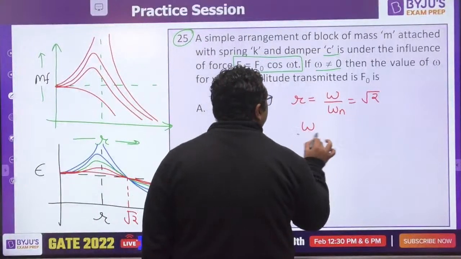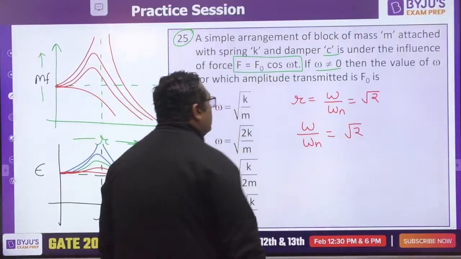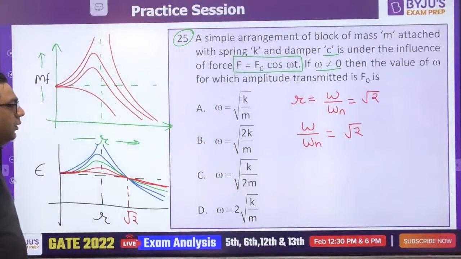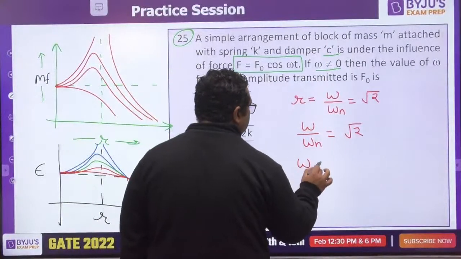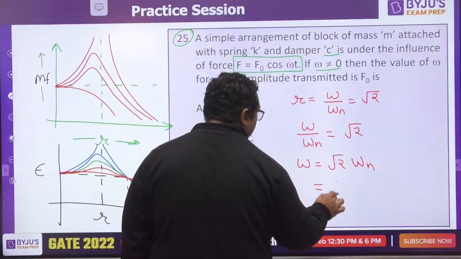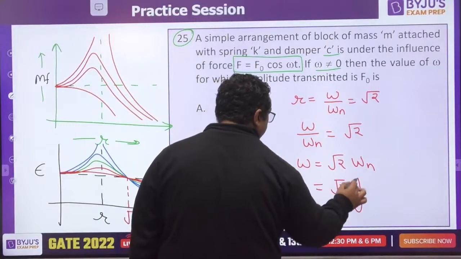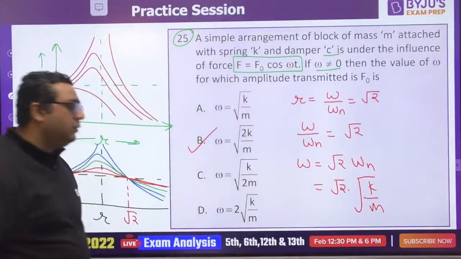So omega by omega n would be root 2. So you can see omega is root 2 times omega n. Omega n is root k by m. Answer would be B.